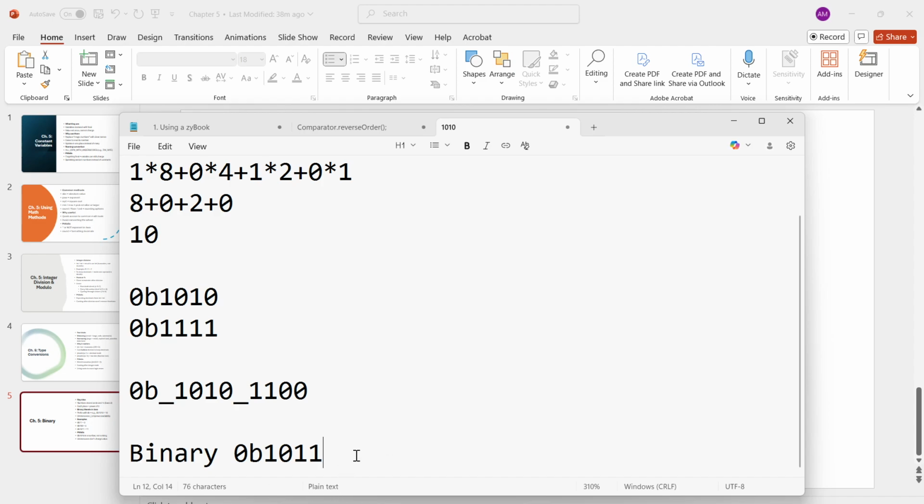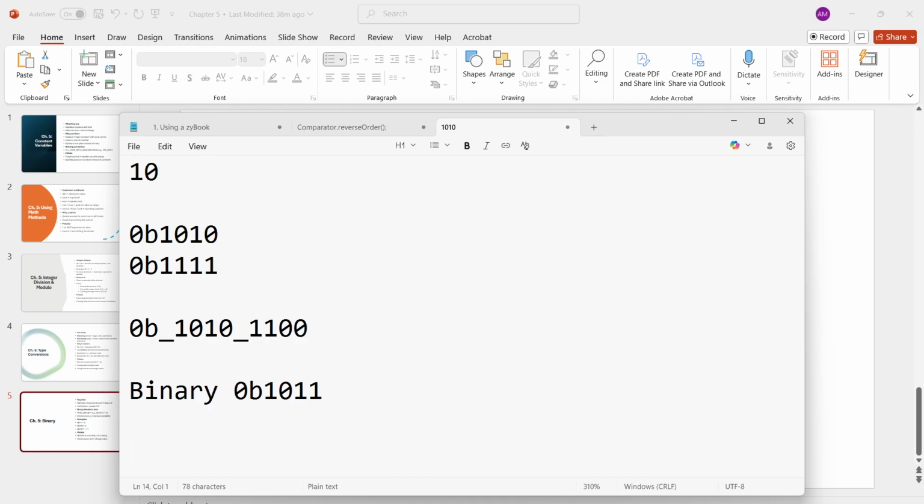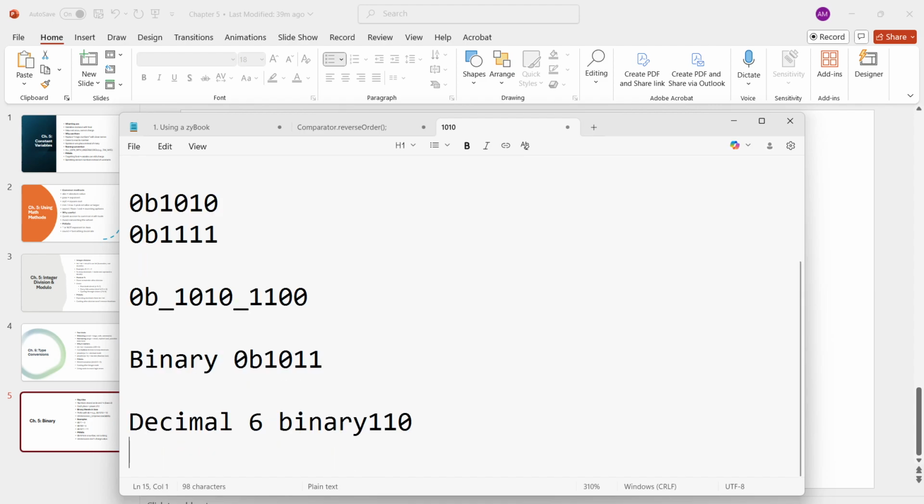Another direction is decimal to binary for small numbers. Decimal 6 gives you binary 110, which is 4 plus 2. Decimal 9 gives us binary 1001, which is basically 8 plus 1.